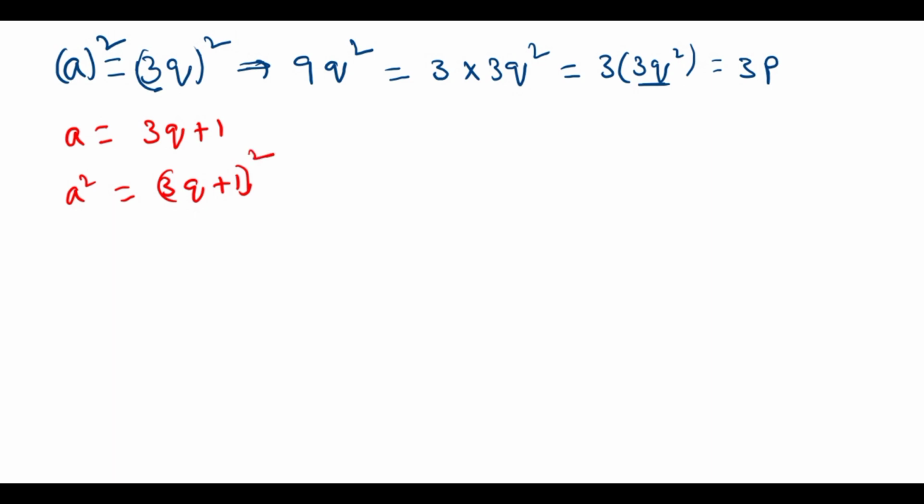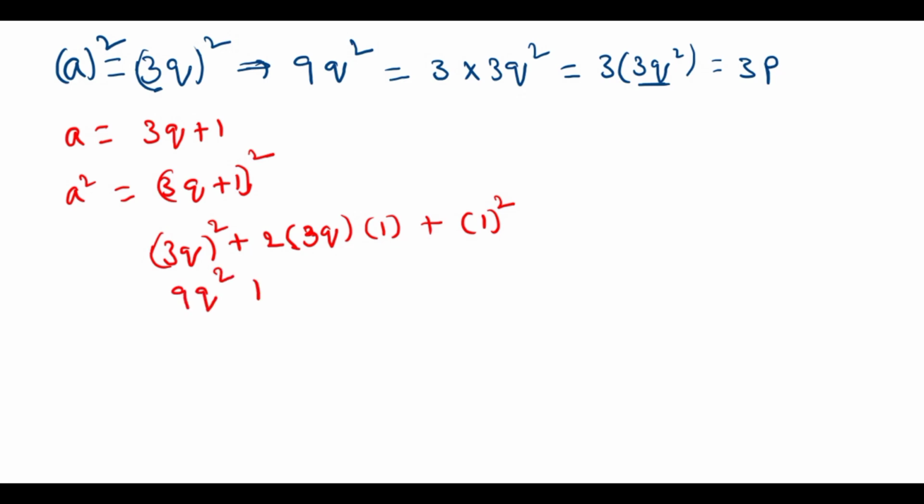This is in the form of a plus b whole square, so we write a square plus 2ab plus b square. Then we write 9q square, and 2 3s are 6, 6q, plus 1.